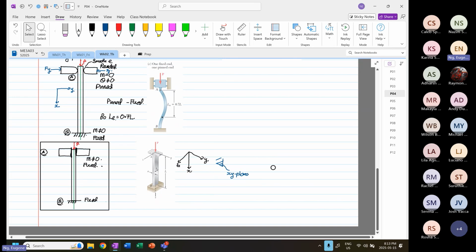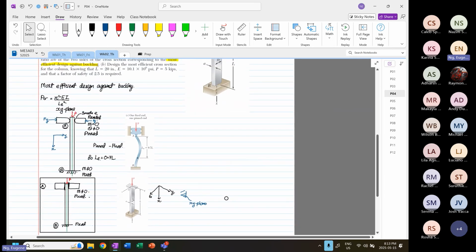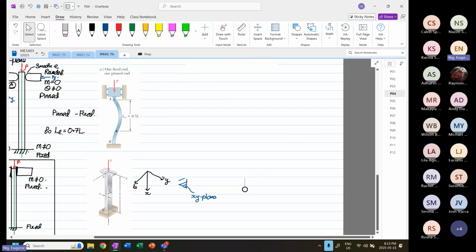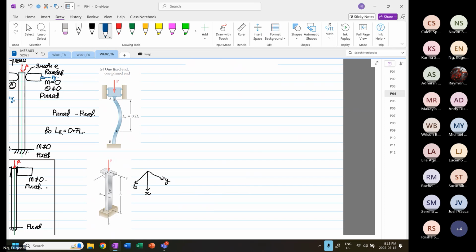So the next one we are going to look at, we are going to do this in a different plane now. We have already done the XY plane. Now we are going to do the next plane.